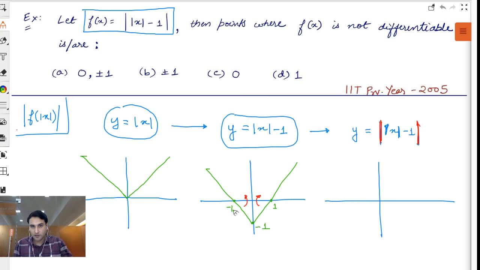This point is minus 1. So the positive graph will remain as it is. No problem. The negative graph has come up. It came up. This negative also came up. And the positive remained as it is. This is your graph. Problem solved. So which graph is this? This is the graph of mod of mod x minus 1. How many sharp corners do you see?